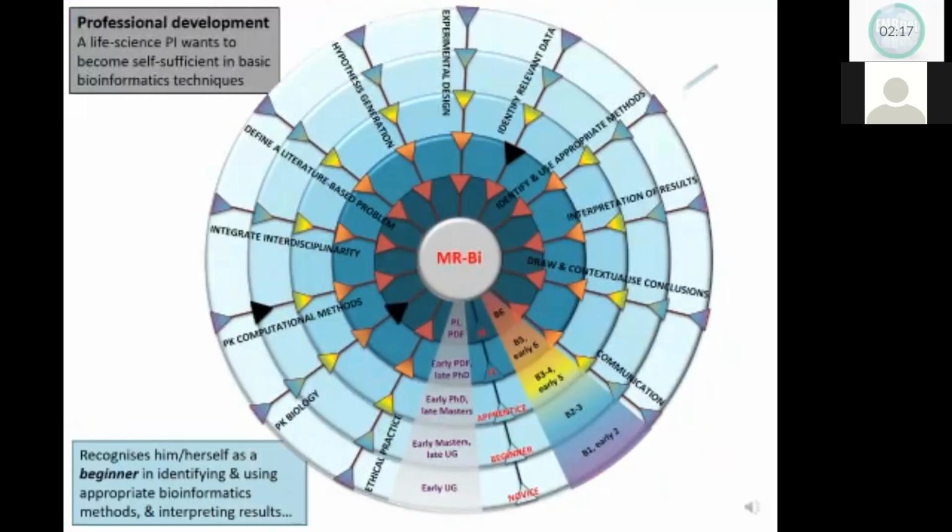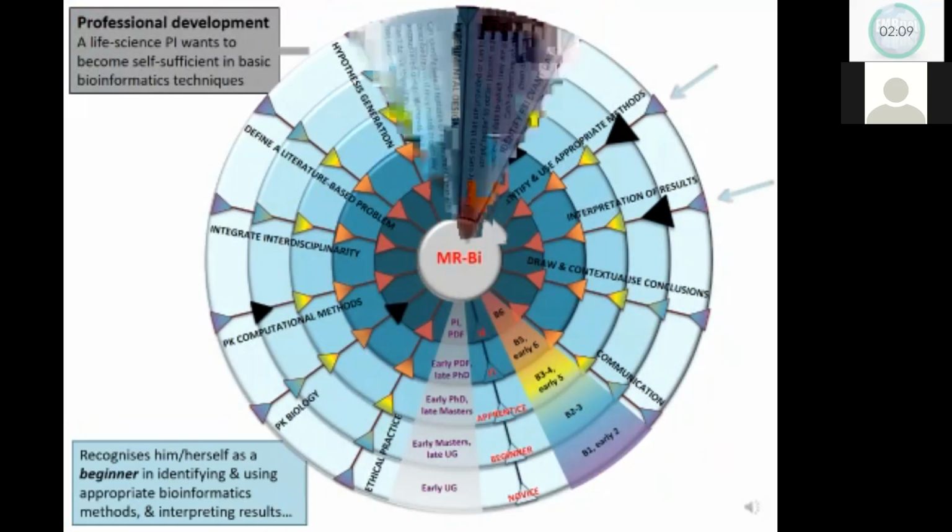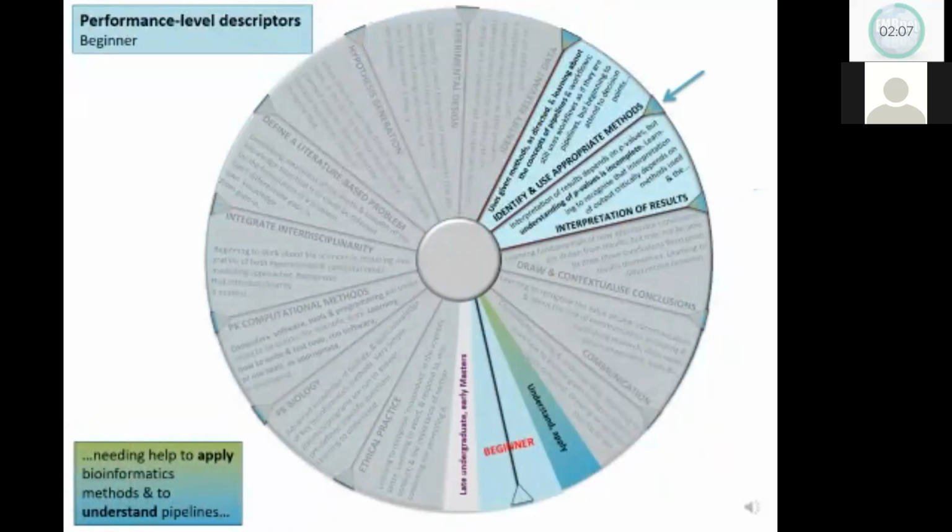Who recognizes him or herself as a beginner in identifying or using appropriate bioinformatic methods and interpreting results, needing help to apply specific bioinformatic methods and to understand pipelines and to fully understand stated p-values in program outputs. Again, the Bloom's level reflects all of these things.